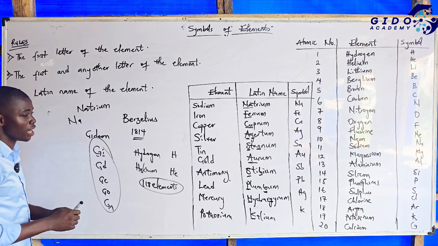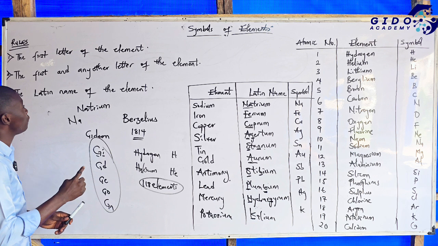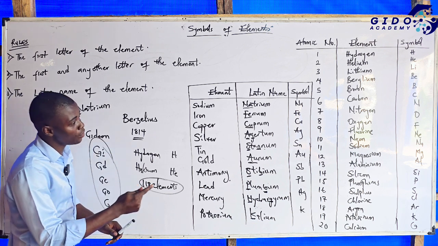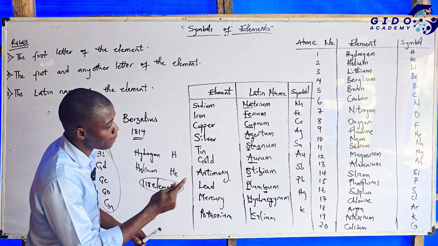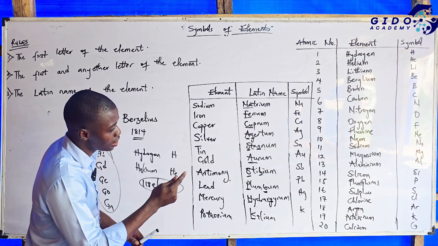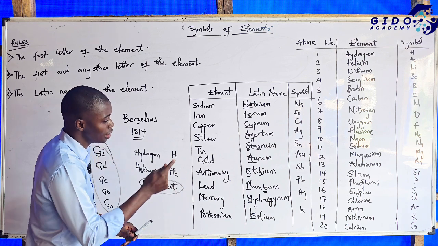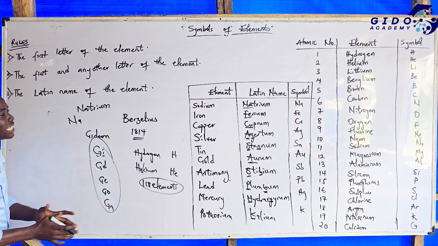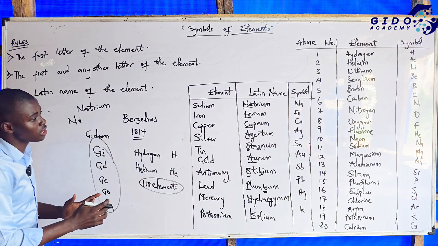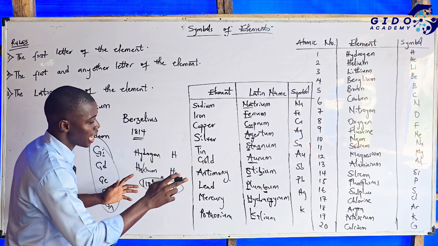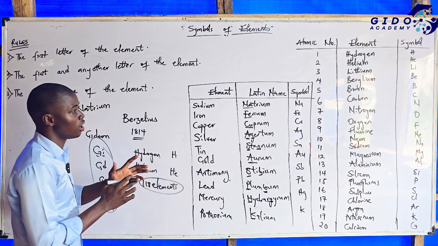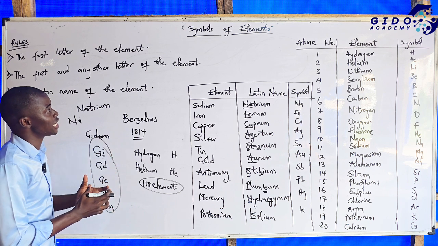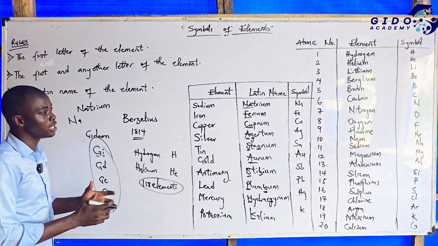In capital letter if you are using the first letter, or you can use the first letter and any other letter, just like helium, beryllium, neon, magnesium, aluminium, silicon, chlorine, and argon for the first 20 elements. Or you can decide to use the Latin name of the element, just like natrium and kalium for sodium and potassium. So that's how you can easily write out the symbols of elements in the periodic table.